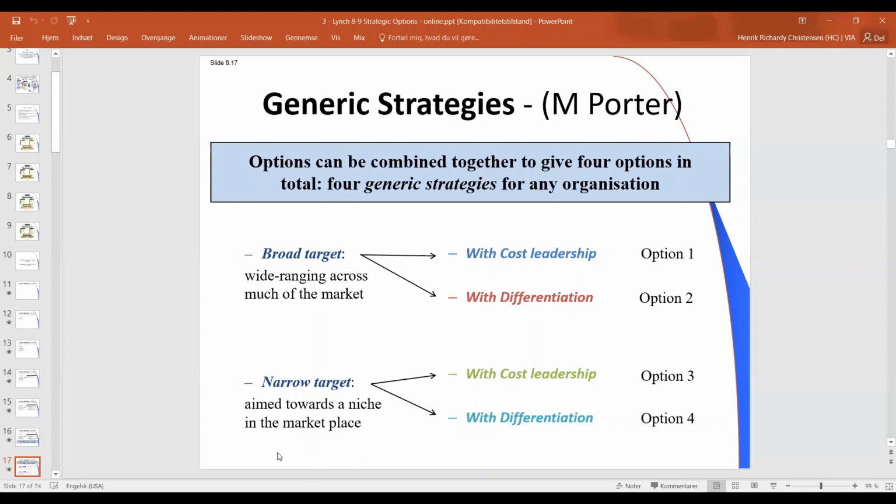So the bottom line simply is, imagine Porter would stand next to us and he would ask us the question, okay guys, are there any things in your external analysis telling us that we should go for this option? And then we would have to argue, yes, no, maybe. And then he would say, okay, good. What about, are there anything indicating in your analysis that we should go for a broad target with differentiation?